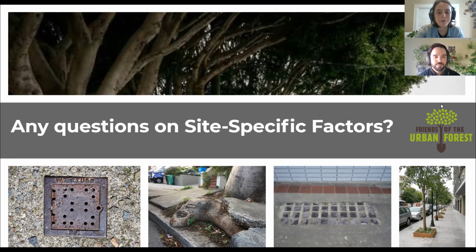Great. We have a question about tree selection with homeowners. So if you have to consider all of these site-specific factors, do homeowners get much of a choice when they're choosing tree species? Great question. So we try to provide that matrix as a tool that people can use to help filter, because if we just gave everyone a list of all 60 trees on the approved street tree list and only 8 of them were plantable at their site, that would be a lot of stress and time spent just filtering it down.